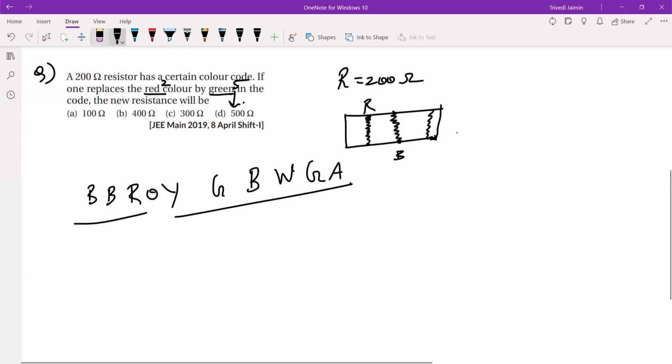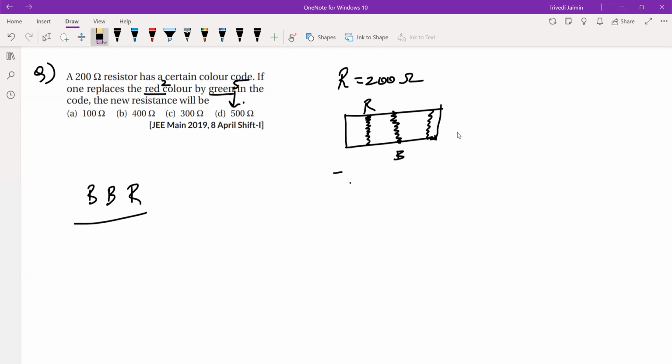I remember this way. So nearly it will be 500. Next one. Red is 2, then green is 5. It's very simple as that.